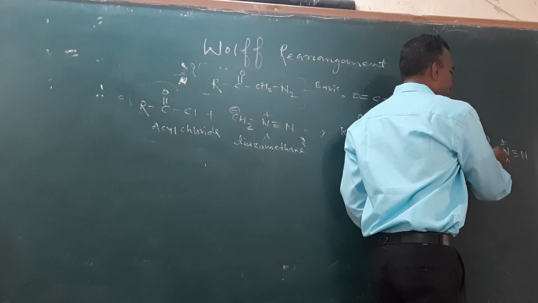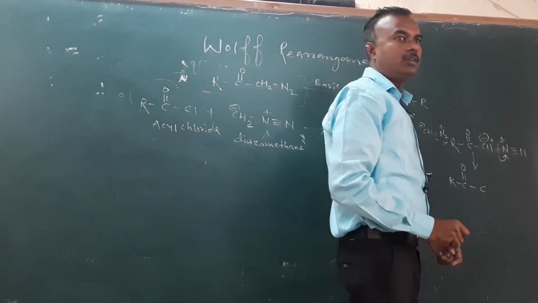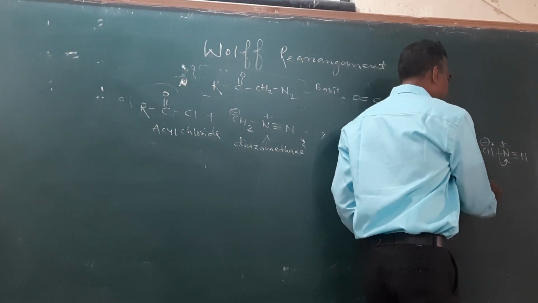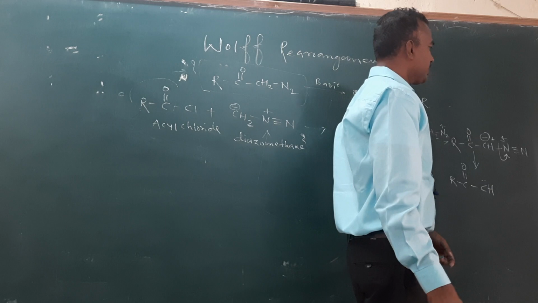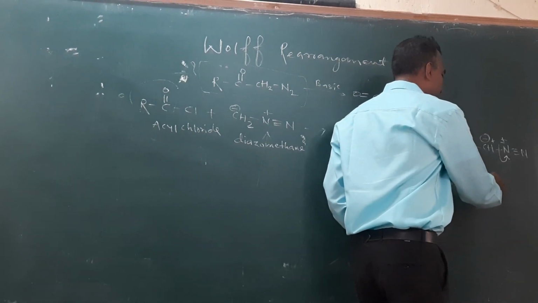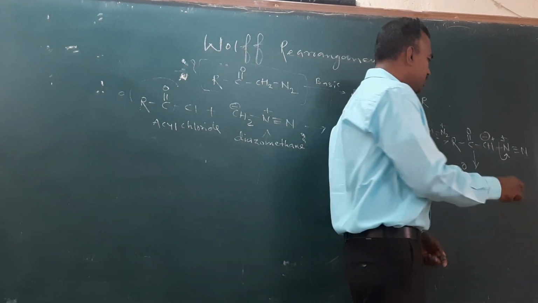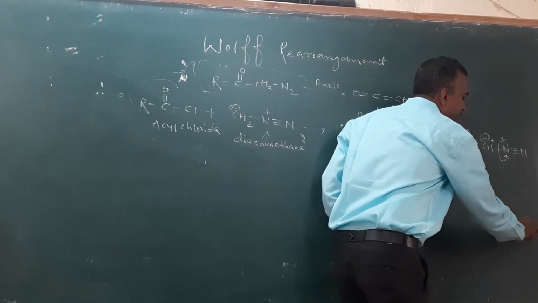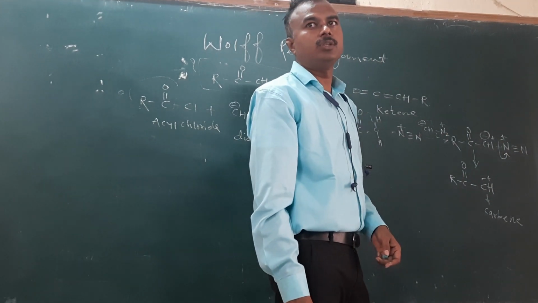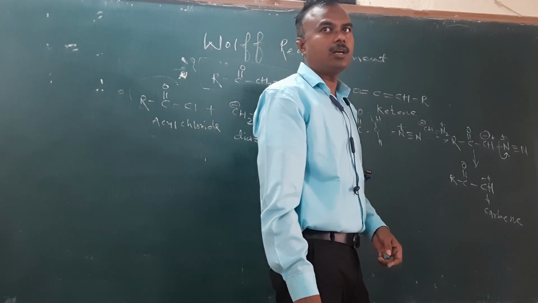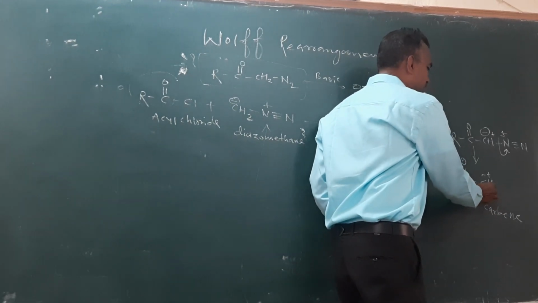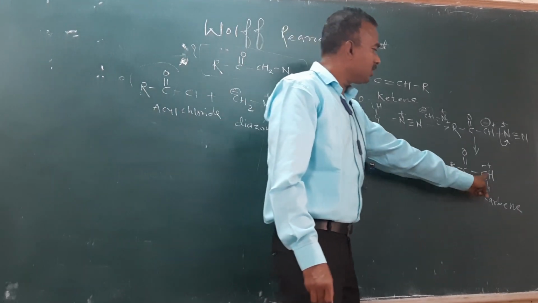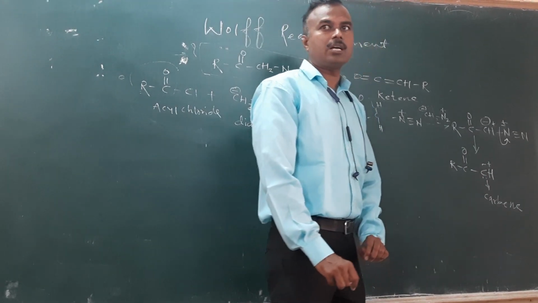And here will be the positive. So this CH, with positive, negative and positive, is called the carbene. You can represent it as a pair of electrons. So this carbon is called the carbene.